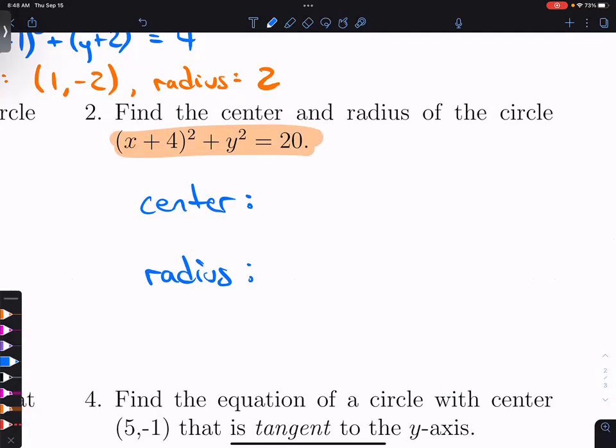This +4 would shift everything to the left by 4. So the x coordinate should be -4 then. And 0. Okay, (-4, 0). What about the radius? Square root of 20.